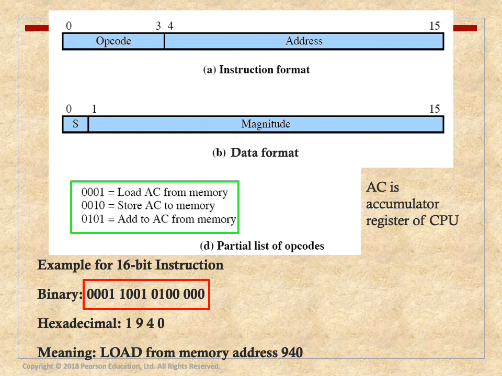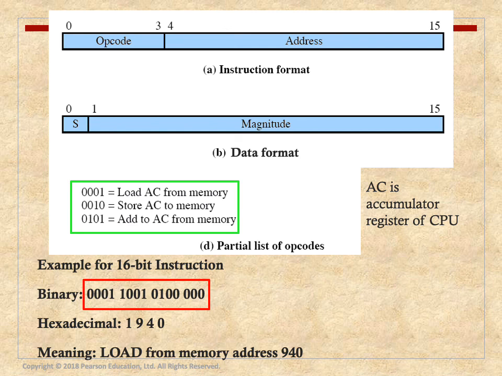So now we will look at an example of how the processor will interpret a binary encoded instruction. In general, there exist different instruction formats, and we assume that our example processor can handle 16-bit instructions. Moreover, we assume that the first 4 bits of an instruction contain the so-called opcode that characterizes the type of operation.